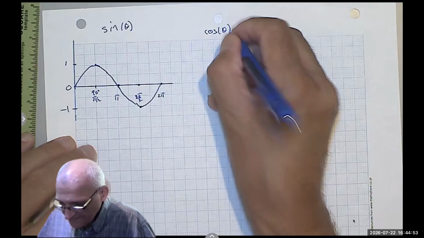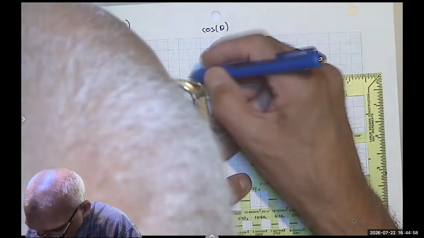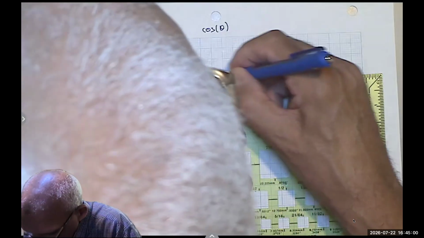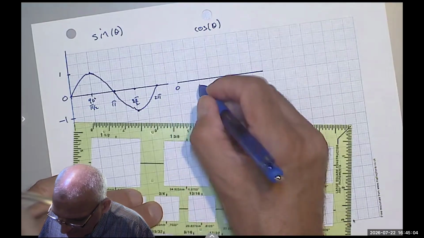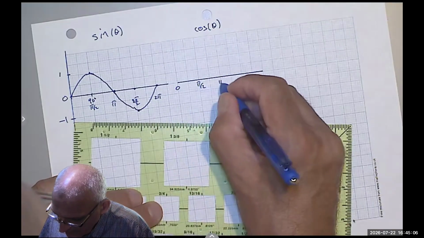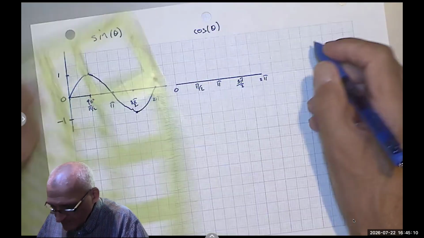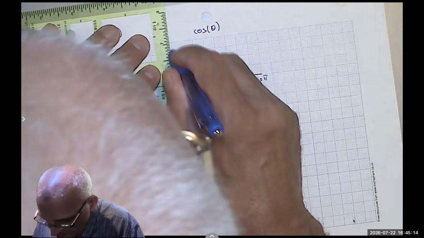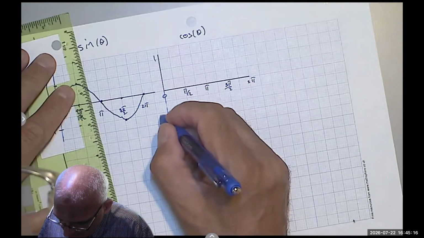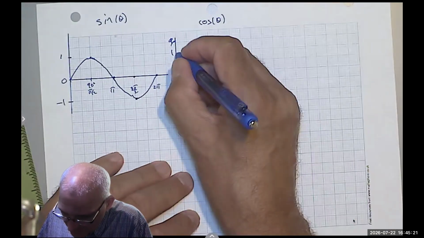Cos theta. Zero, pi over 2, pi, 3 pi over 2, and 2 pi. And then again, plus or minus 1. The cosine of 0 is 1.